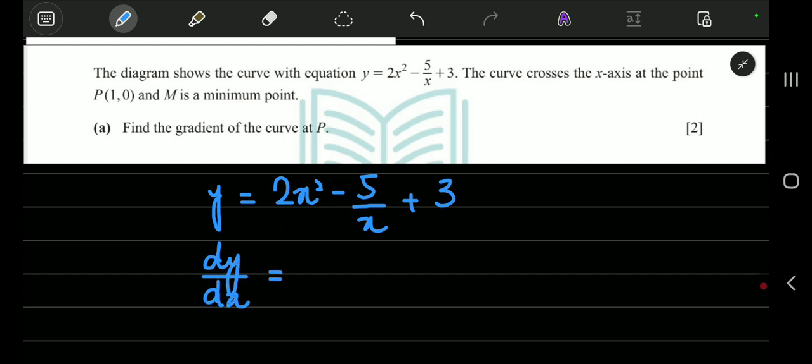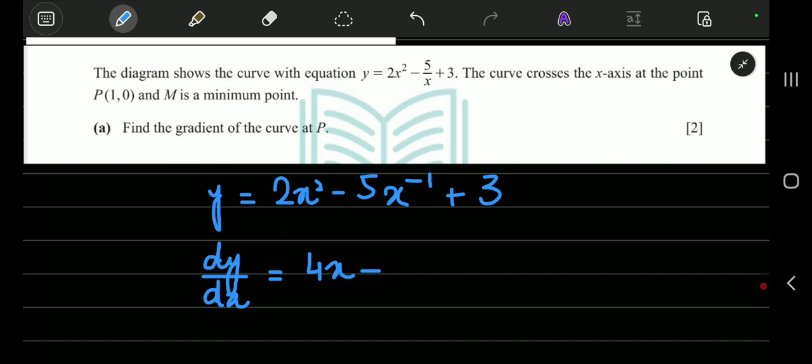derivative of 2x squared is 4x, and let's write this in a simpler form, minus 5x to the power minus 1, because we cannot differentiate with x in the denominator, so we need to take that to the numerator. So first write the simplified form and now differentiate it. The derivative of x to the power minus 1 would be minus 1 x to the power minus 2.